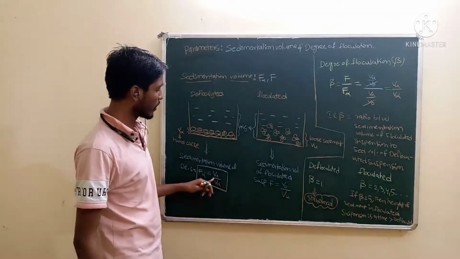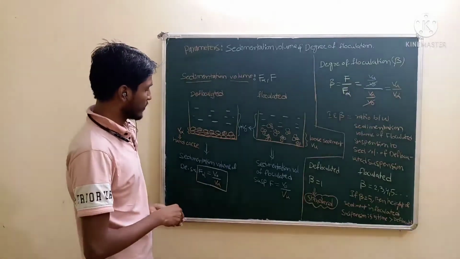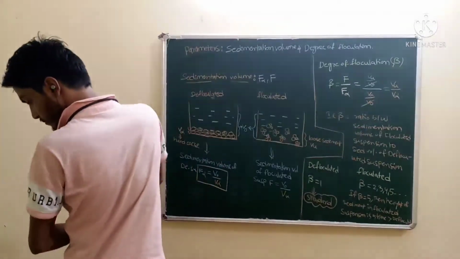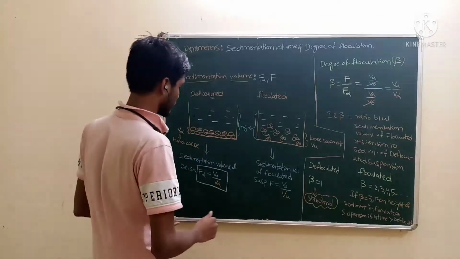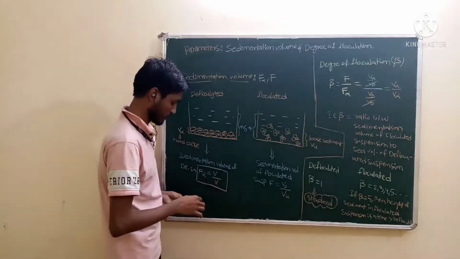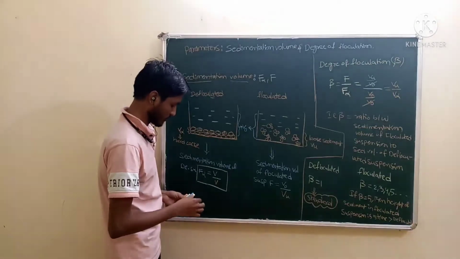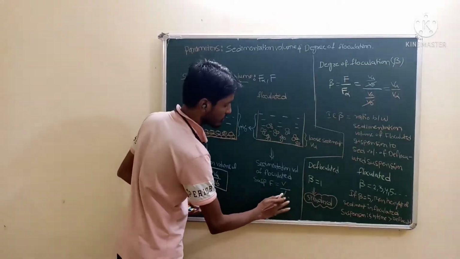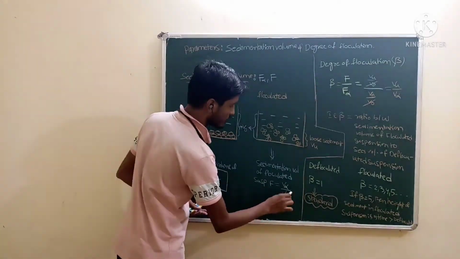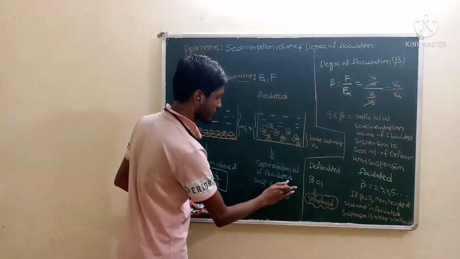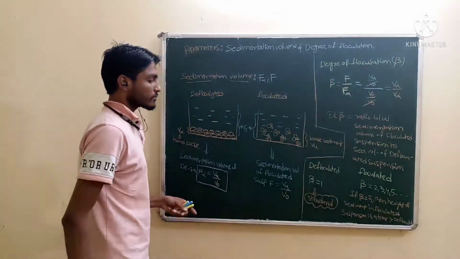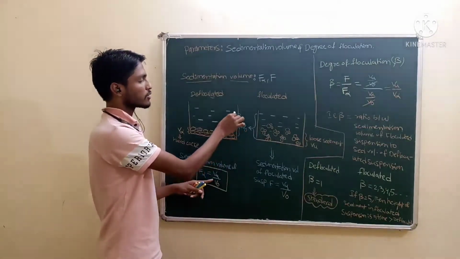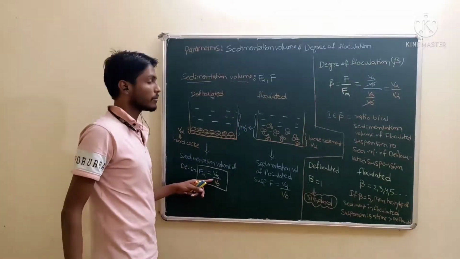So what we are doing here is comparing the volume of hard cake with respect to the total amount of solvent.